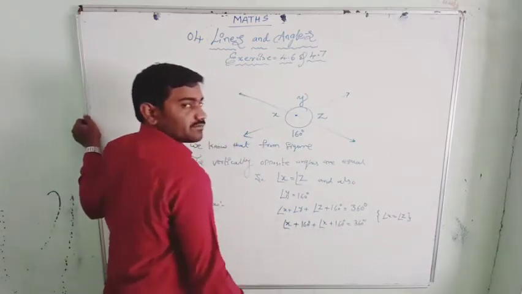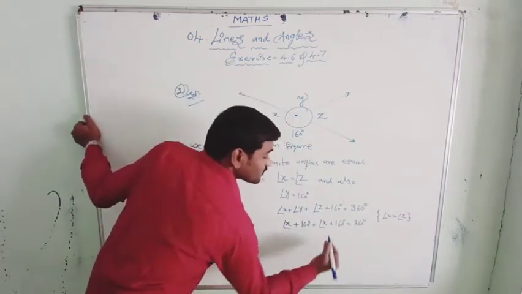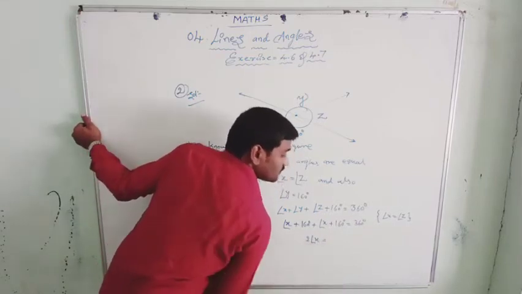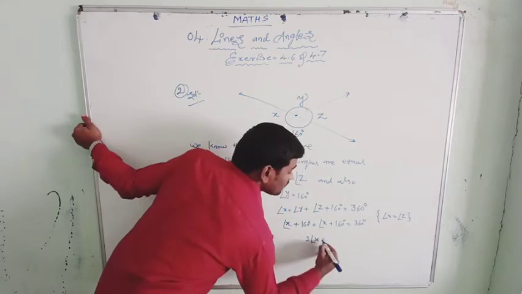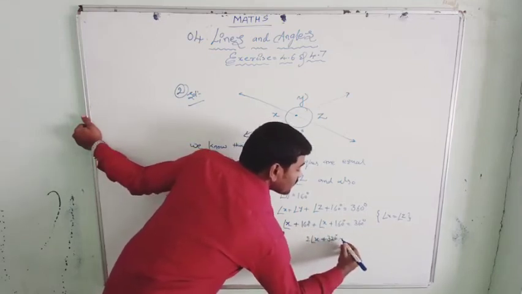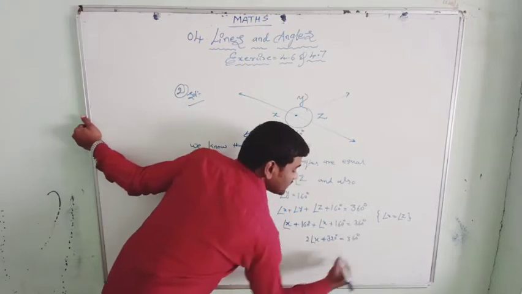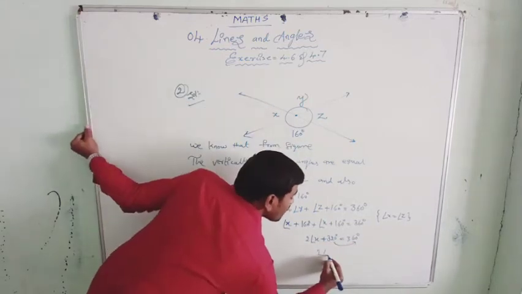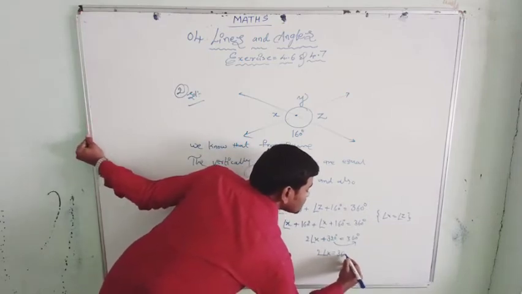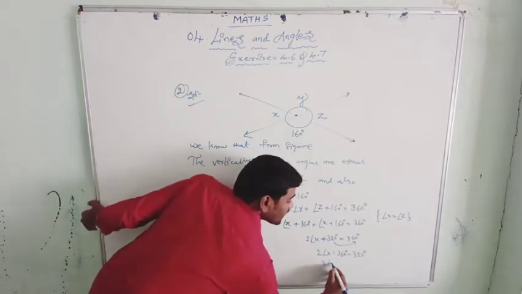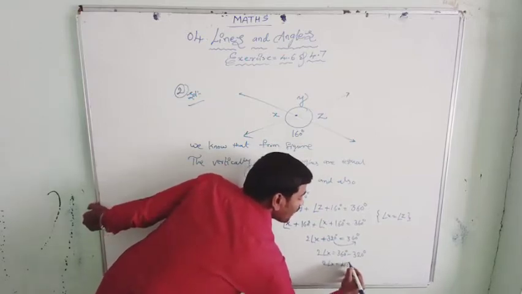160 plus 160 is 320 degrees. 1X plus 1X is 2X. So 2 angle X plus 160 plus 160, 320 degrees, is equal to 360 degrees. This 320 degrees we transfer to the other side, so 2 angle X equals 360 degrees minus 320 degrees. Then 2 angle X equals 40 degrees.